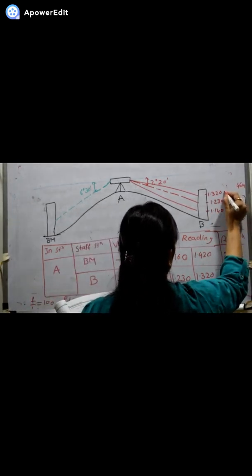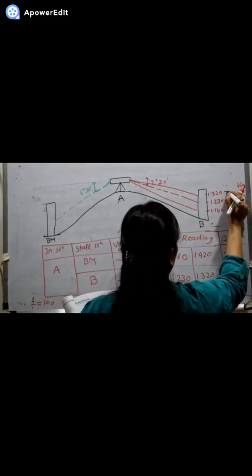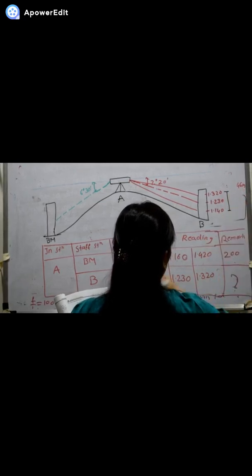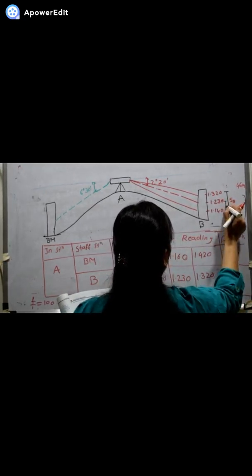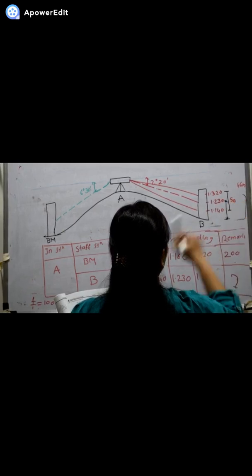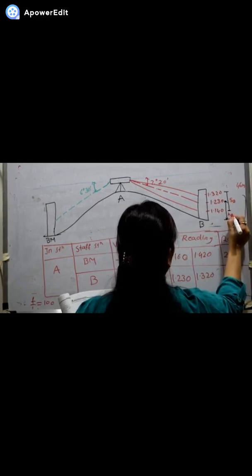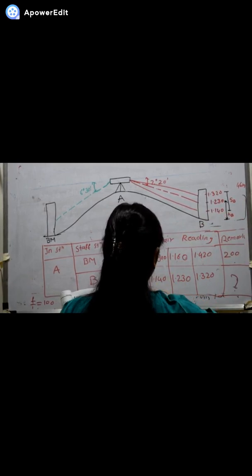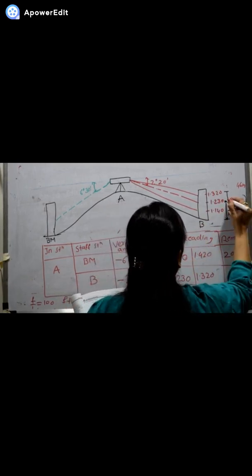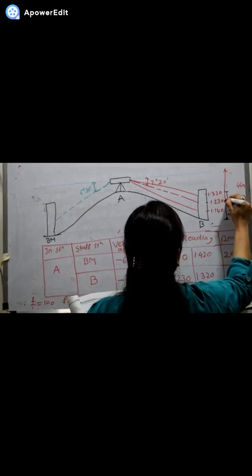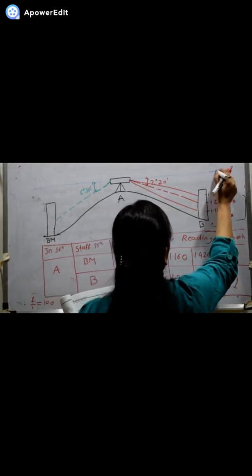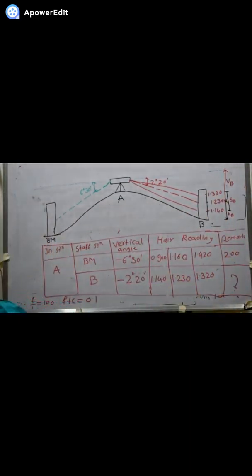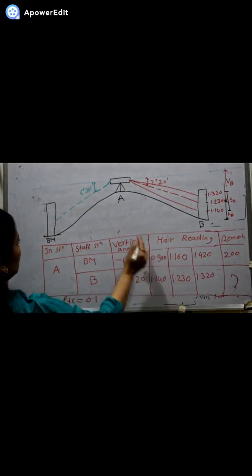The difference between these is S of B. From the middle hair reading to this is H of B, and from the middle hair to the HI, this is V of B. Now we will move to the other station, that is BM.